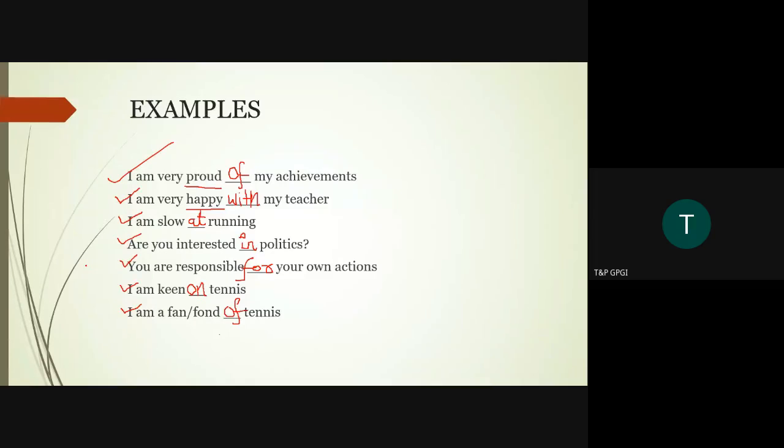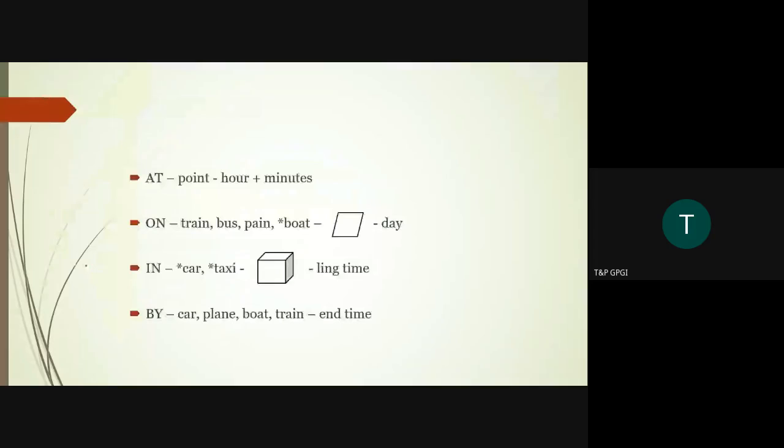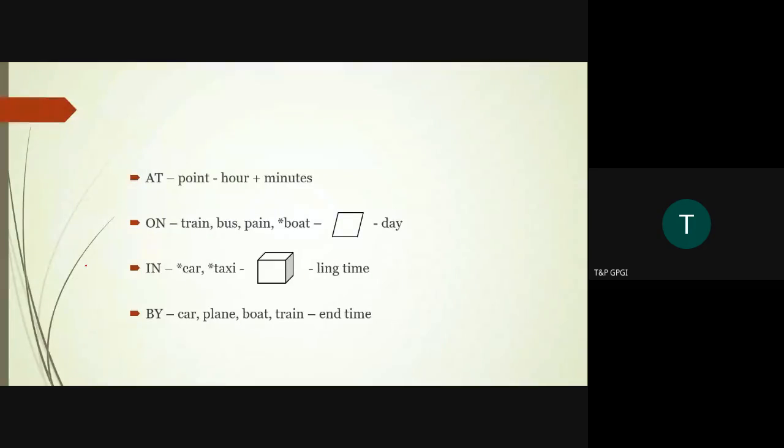Now I'll explain the same using a different perspective. When we use at, on, in, we're going to start with at. Let's take the example of transportation. Transportation means any means of traveling, any sort of vehicle that carries you from one place to another.